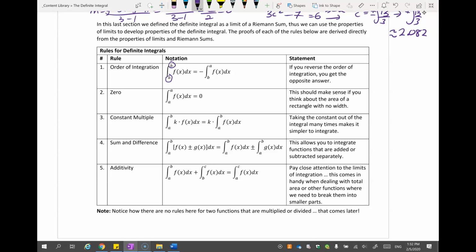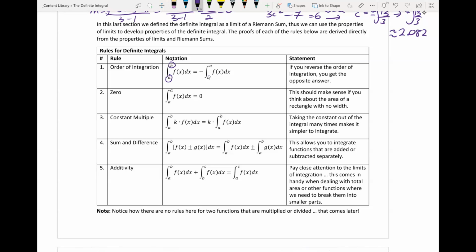Now, if you have a number on the bottom that's larger than the top, then you're basically flipping your integral, and it becomes negative. So we can say the integral from a to b of f of x dx is the same thing as saying negative integral from b to a of f of x dx. So if you reverse the order of integration, you'll get the opposite answer.